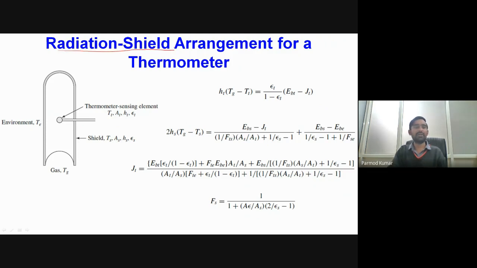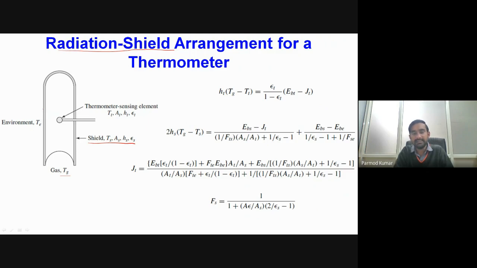Okay, so we will have this thermocouple over here, over which a gas is once again flowing, having temperature Tg, but we have surrounded the surface of this thermocouple with the help of some shield. Over here we have some additional layer or additional confinement which surrounds the surface. That additional arrangement we call a radiation shield. Why do we call it a radiation shield?